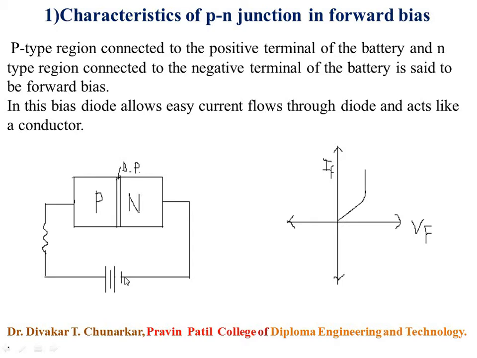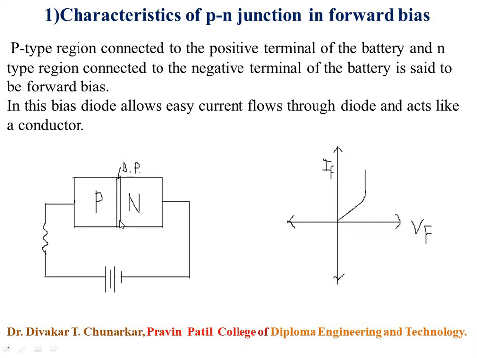As shown in the circuit diagram, the forward biasing of the diode is shown symbolically, as we saw the symbol in the previous lecture. So this is the forward biasing PN junction diode.